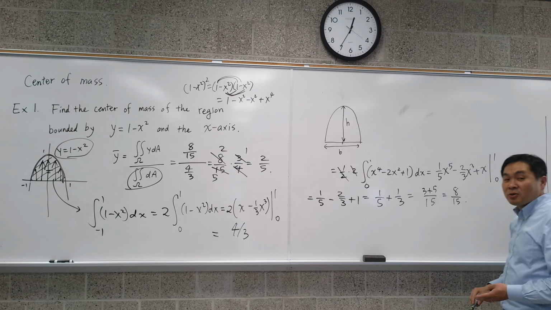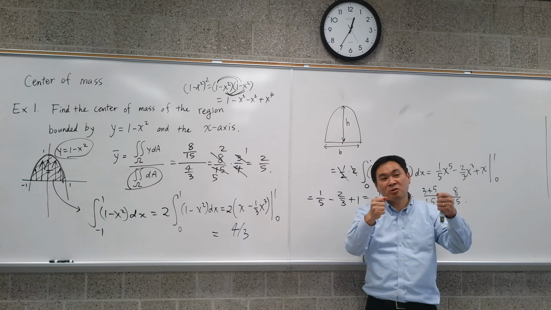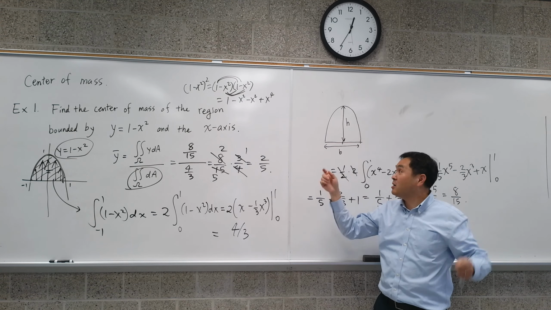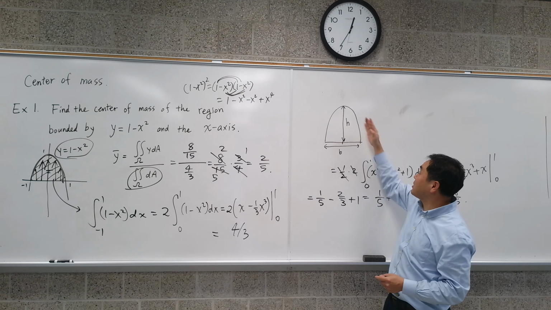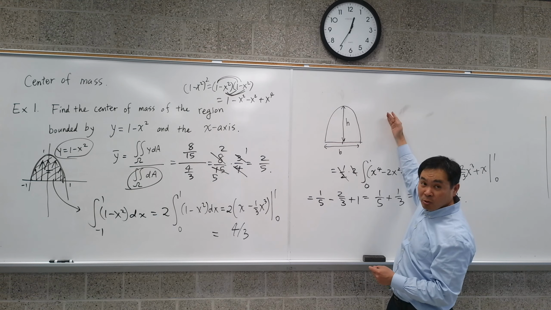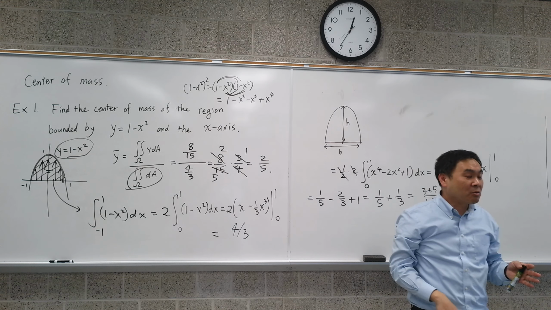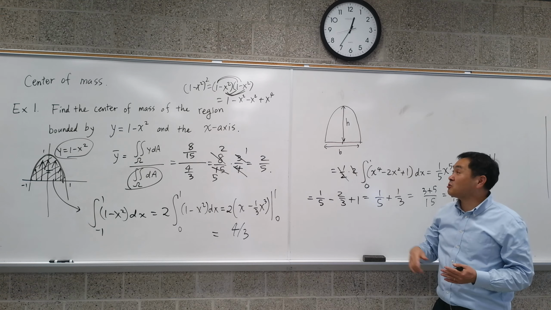Well, you have to make some argument saying that this length b is not really going to change the center of mass because if you increase b, it increases this proportionally. Like if you double this b, all of this increases proportionally, so the center of mass is not going to be changed.